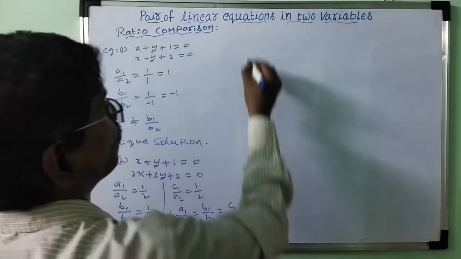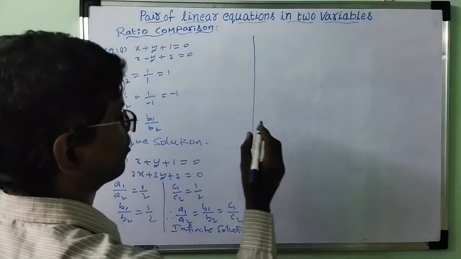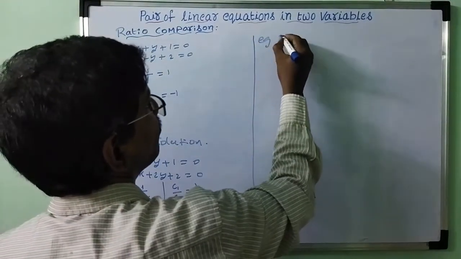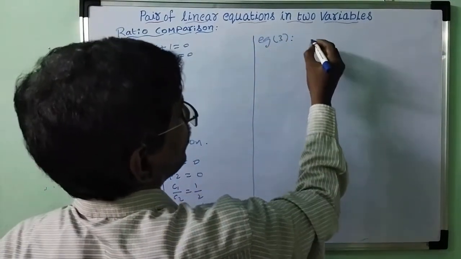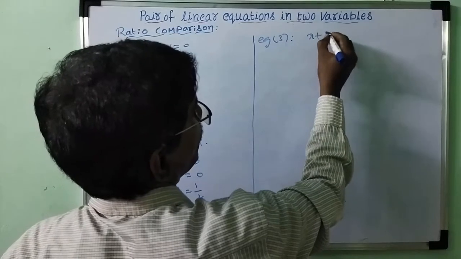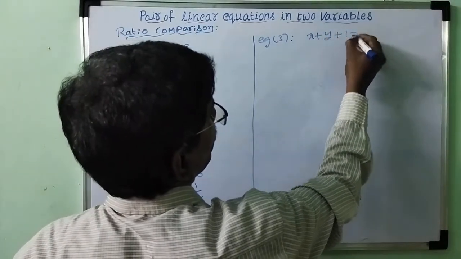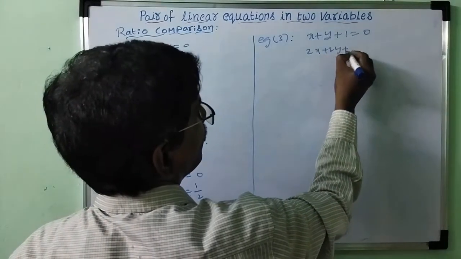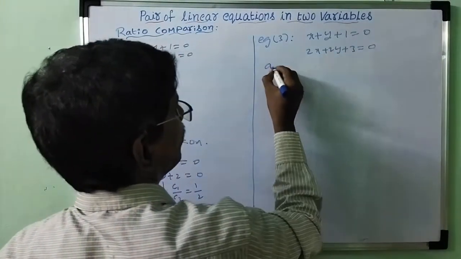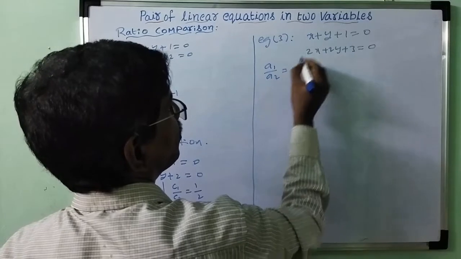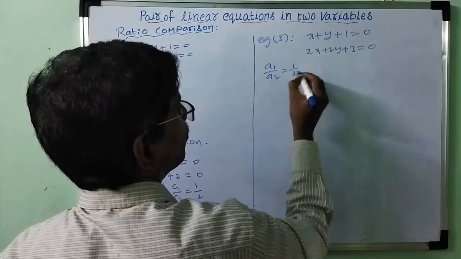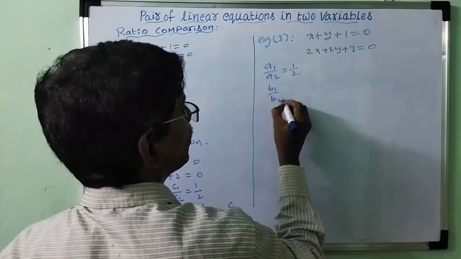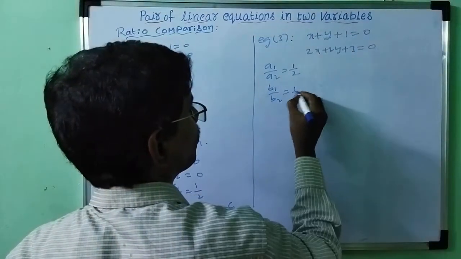Let us see one example for parallel lines also. Example 3. If there is x plus y plus 1 equal to 0 and 2x plus 2y plus 3 equal to 0. What is a1 by a2 here? 1 by 2. b1 by b2 equal to, again it is 1 by 2 only.